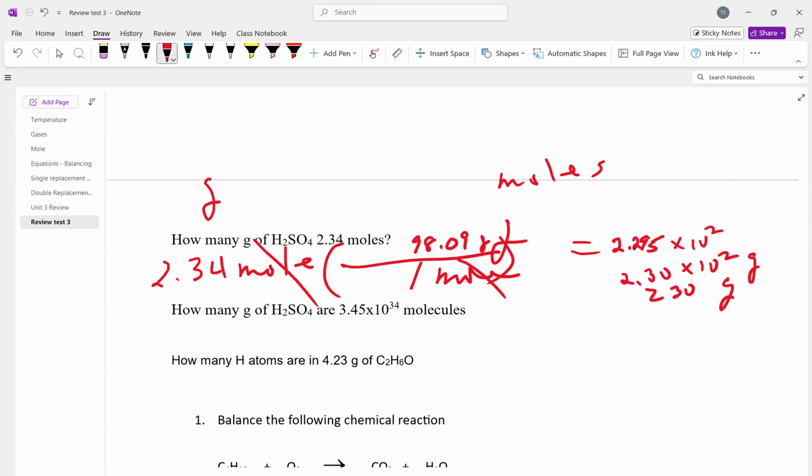Okay, and we need to put a period there to make it 3 sig figs. Period is required, a decimal point. 230 without it is 2 sig figs. So make sure your sig figs are consistent.